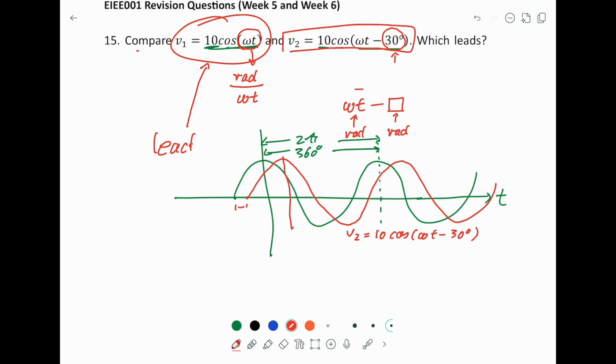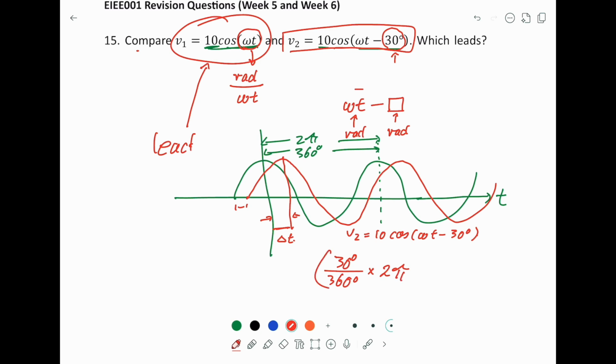If you really want to know the time difference between V1 and V2, this delta t here, you have to convert the 30 degrees over 360, and convert this back to 2 pi.